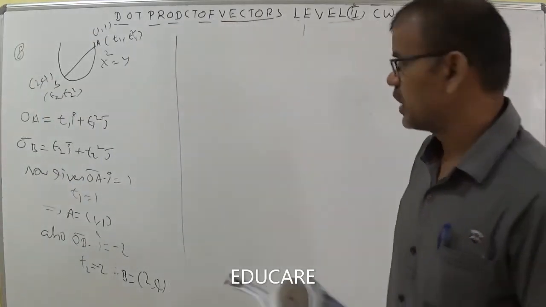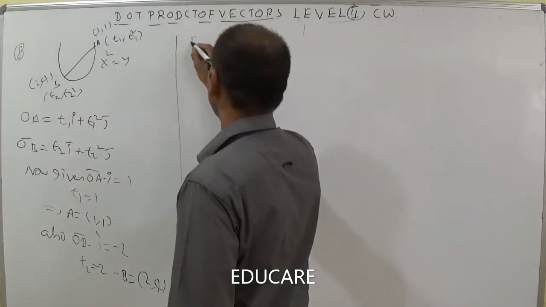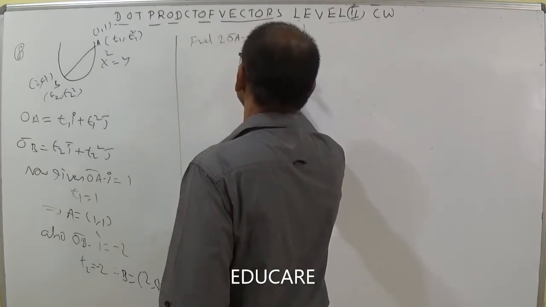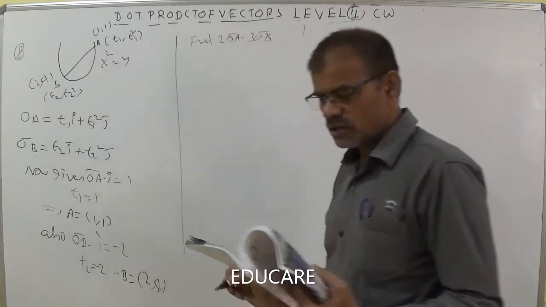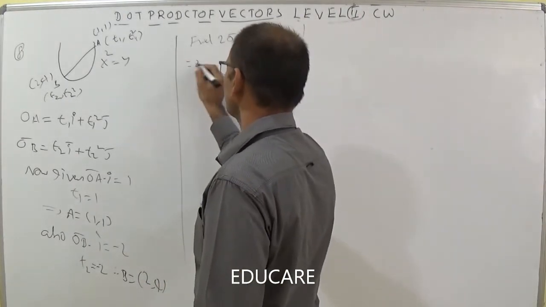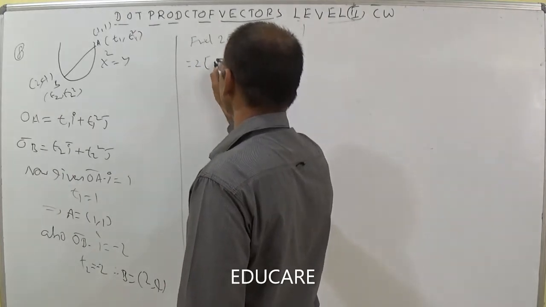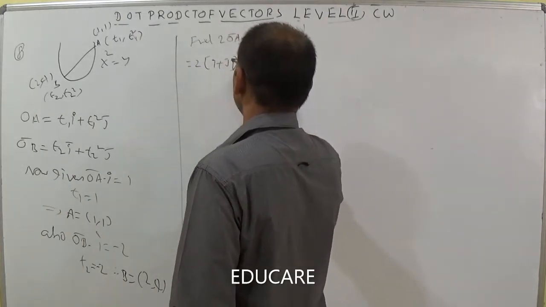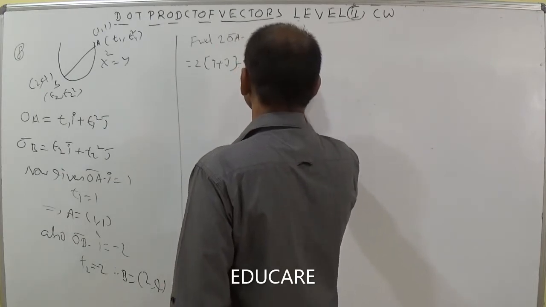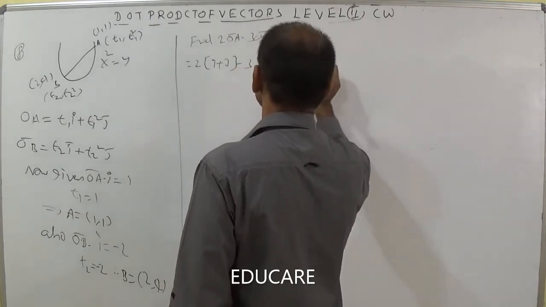Now find 2OA bar minus 3OB bar. That too he given as the component length. 2 into OA means I plus j, minus 3 into OB, which is 2I plus 4j.